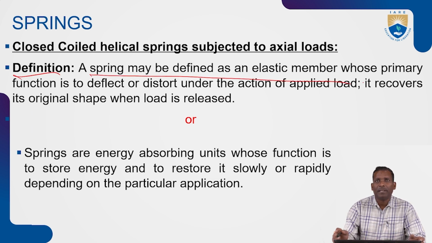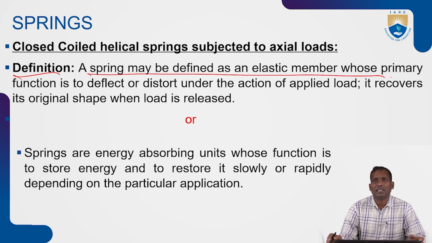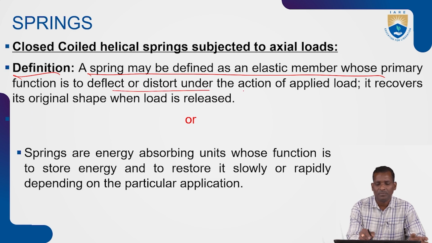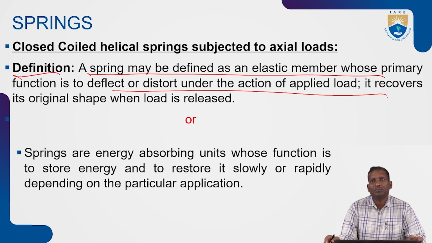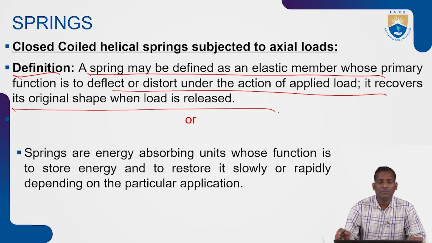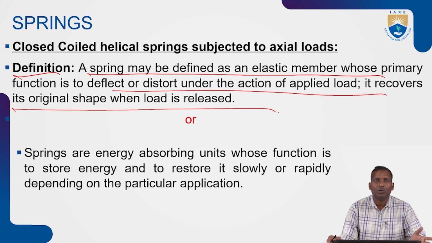A spring may be defined as an elastic member whose primary function is to deflect or distort under the action of applied load. It recovers its original shape whenever the load is released. We have already discussed this in the spring definition.